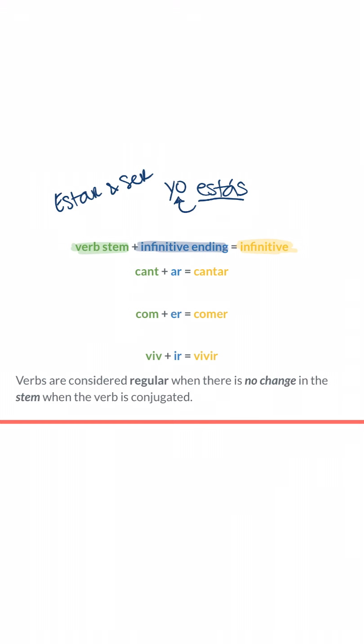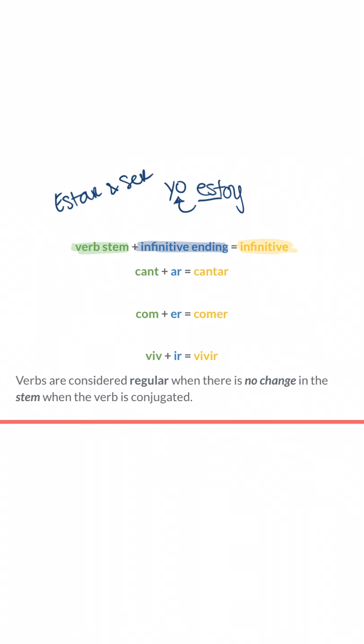And since we know that estás does not match my subject yo, we can improve it by adding what we know does, which is estoy. So what we're seeing here today are more verbs and how we conjugate them to match those subjects to infinitely expand our knowledge and ability to speak and understand this language.